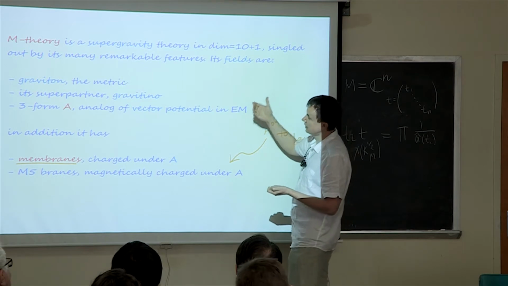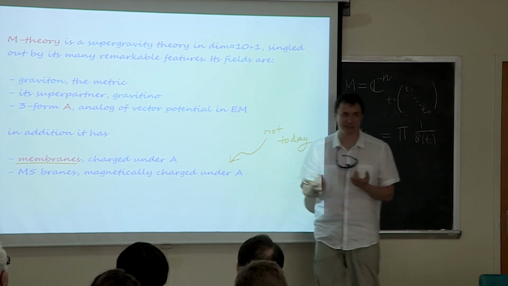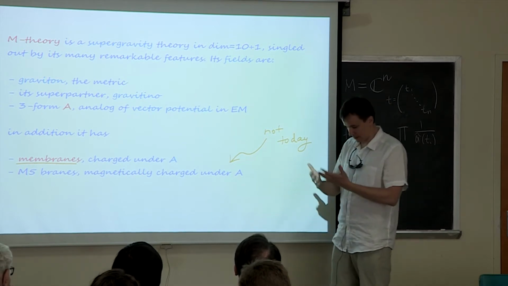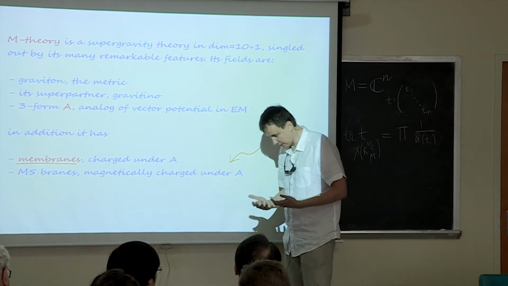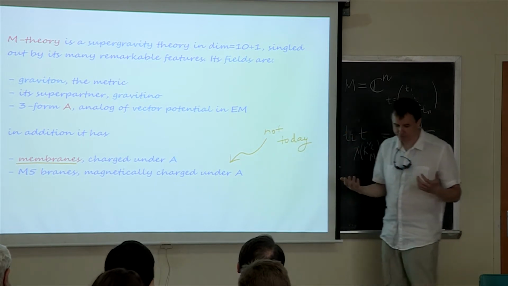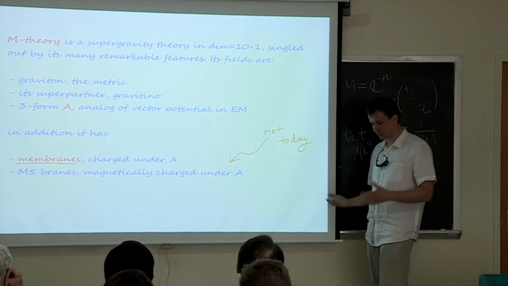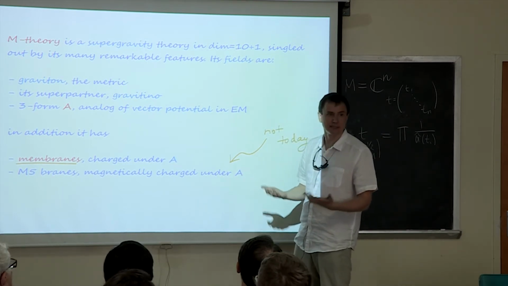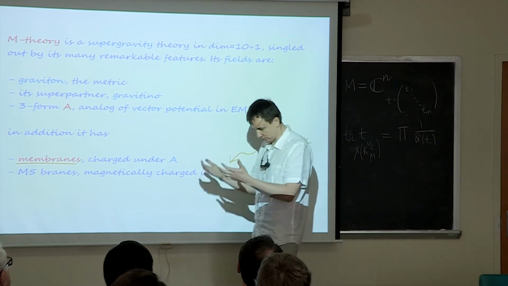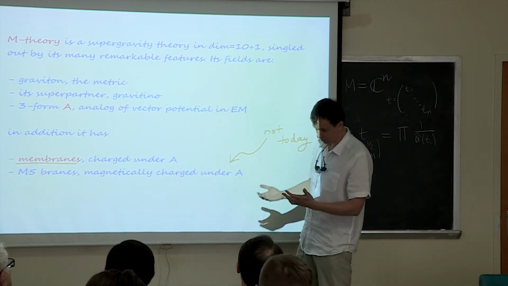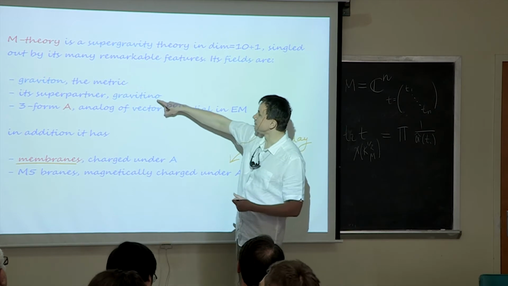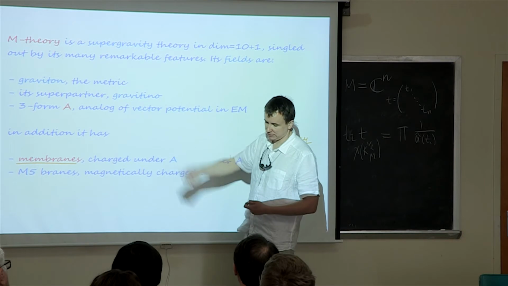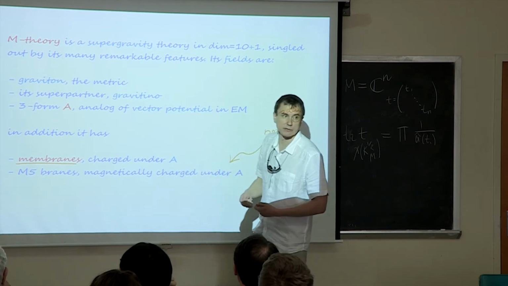And so the fields are, first of all, since it is a supergravity theory, it has gravity, it has a metric. Its superpartner is a field that transforms in what physicists call a representation of spin 3/2.